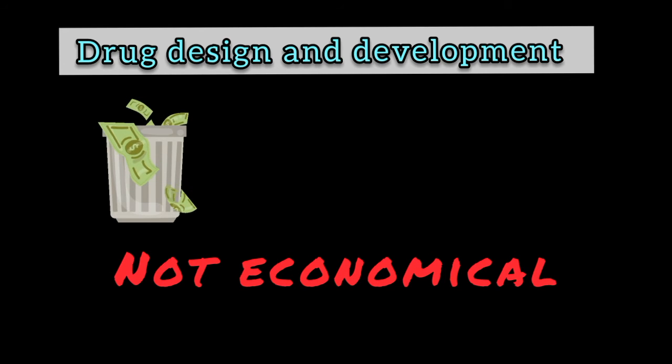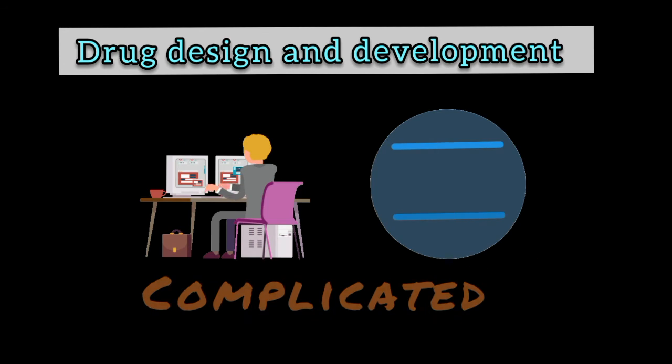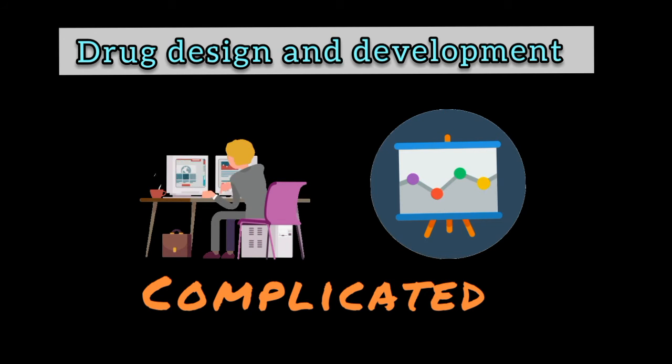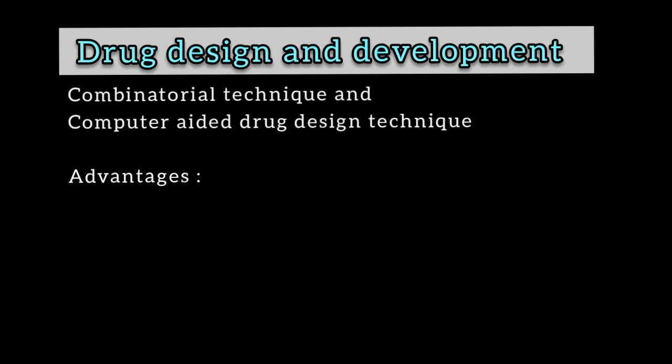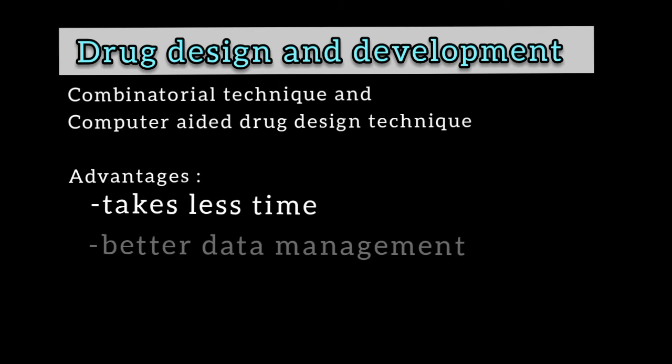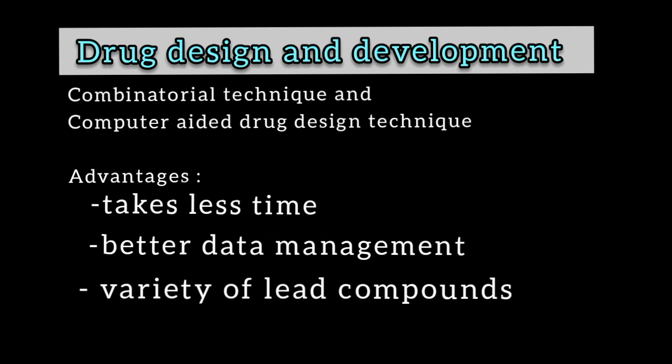It can also make data management very complicated, which is why the combinatorial technique and the computer-aided technique started to be used in this process, to make it faster, to have a place where you can manage data and actually work with it better, and possibly find even more and even better possible lead compounds and ultimately even better drugs.